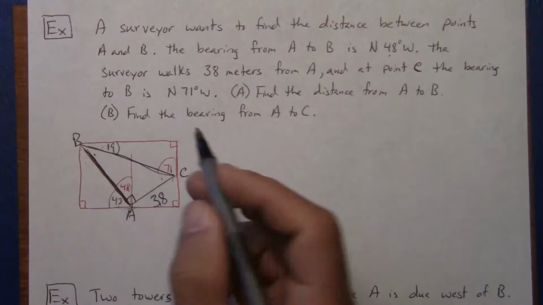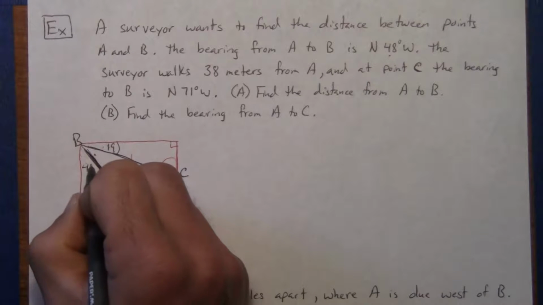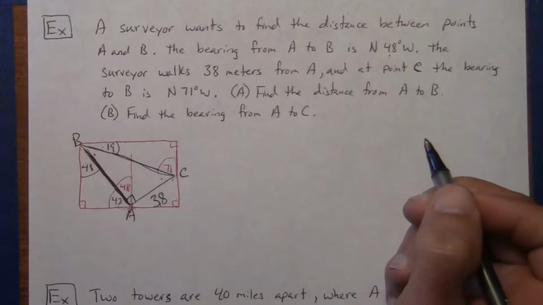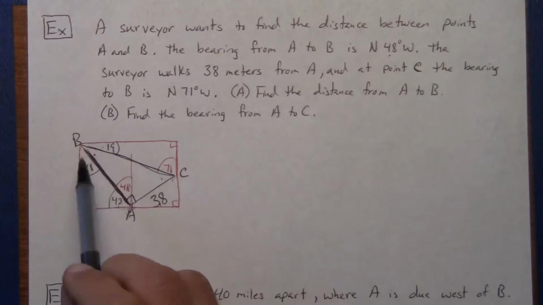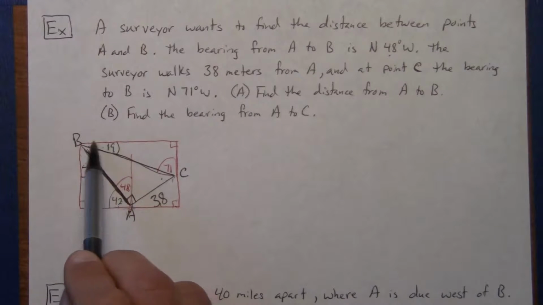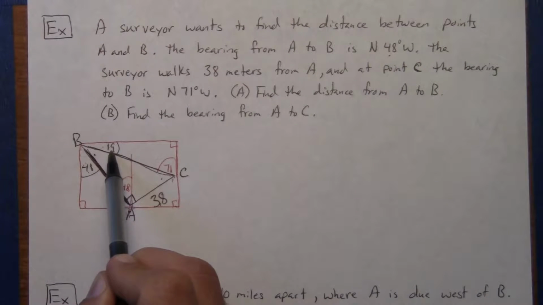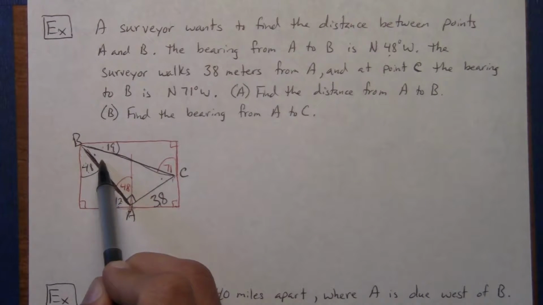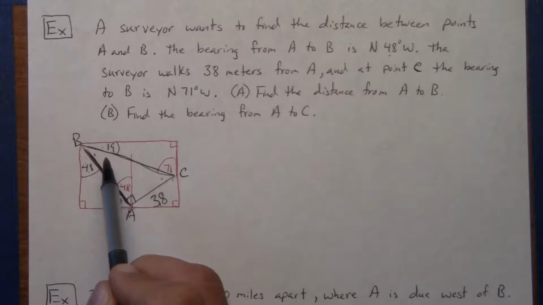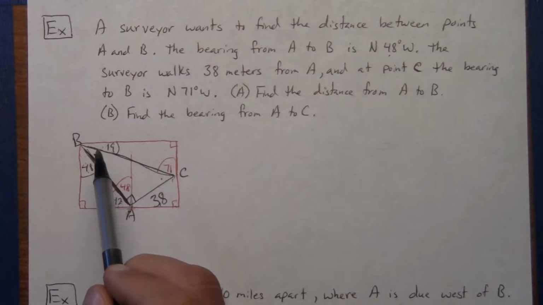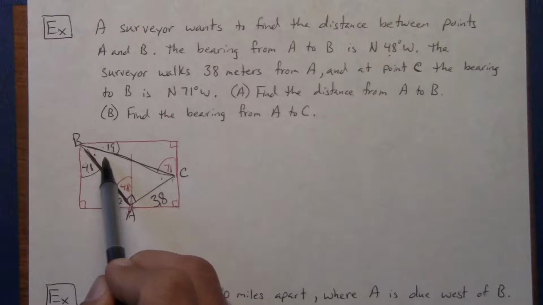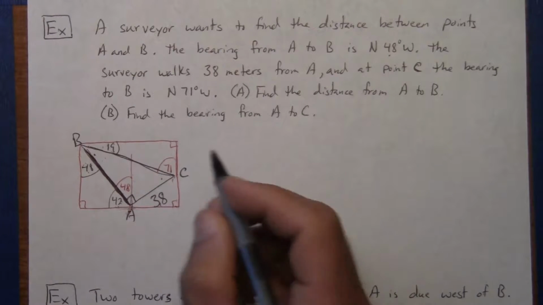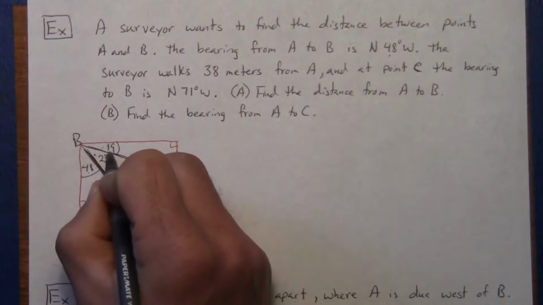That means these two have to add together to give me 90, so this must be 48. And now I know that this is a 90 because I made a rectangle. Here's 48, here's 19. If I take 90 and subtract those two numbers, 48 and 19, I'll end up with what this angle is. And of course, if I know that angle, then I know all the angles on that triangle. This angle would eventually give me 23 degrees.